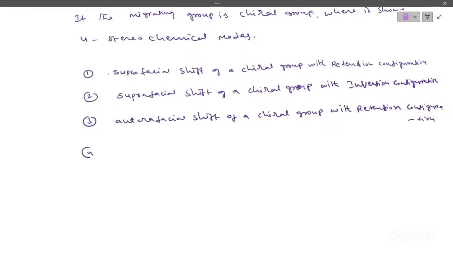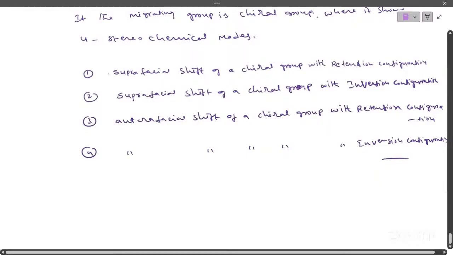The fourth one is antarafacial shift of a group with inversion configuration. These four stereochemical modes are shown by the sigmatropic reaction when it is involving the shift of a chiral group.